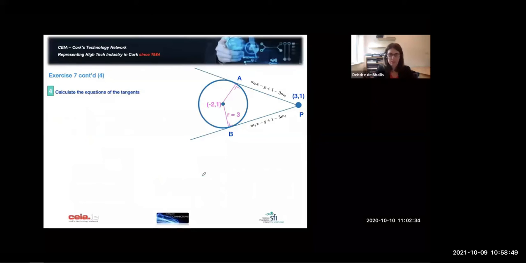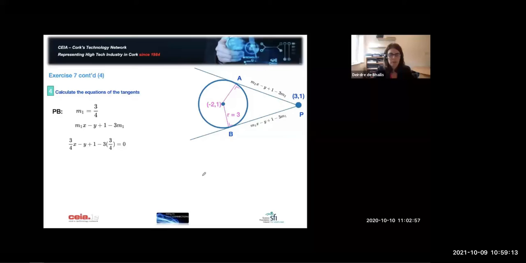So that's our step 4. It's our final step, to extract the equations. If we're looking at PB, we know that m1 is equal to 3 over 4, and we know that the equation that we had for it is m1 multiplied by x minus y plus 1 minus 3 m1.